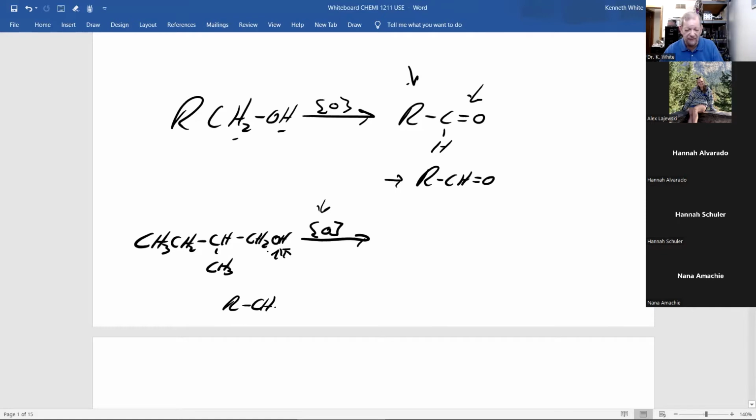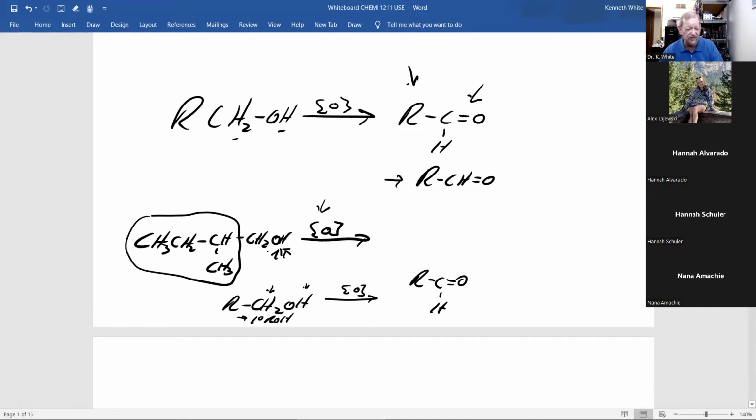It's a primary alcohol, and that's how you say primary alcohol, shorthand. And when you oxidize it, you lose a hydrogen there, and you form a carbon-oxygen double bond. And what's my R group? Here's the carbon with the hydroxyl group, which becomes this carbon double bonded with oxygen.